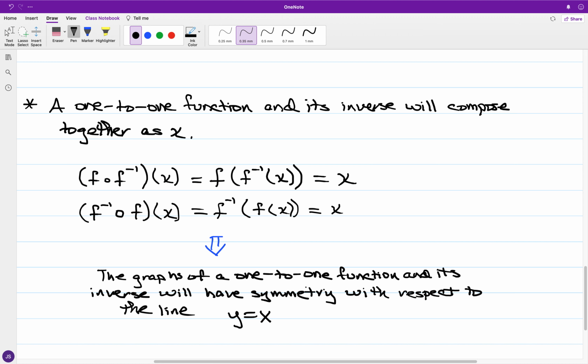Okay, so one-to-one function and its inverse, when both entities are graphed, we have symmetry with respect to the line y is equal to x.